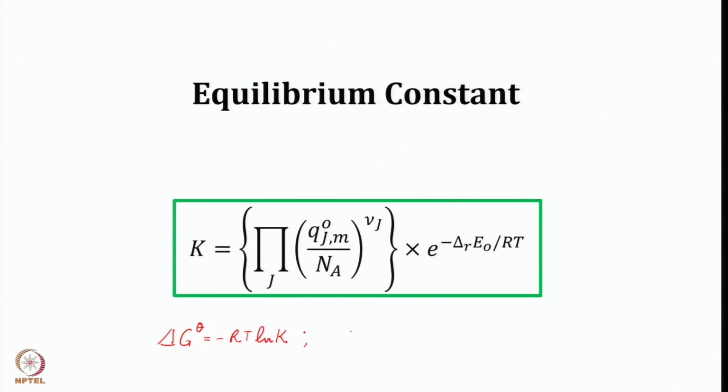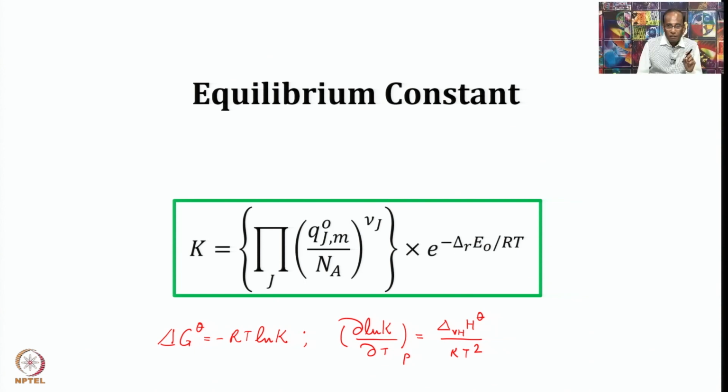Another very important thermodynamic relation, d ln K by dT at constant pressure is equal to ΔH naught by RT squared. We realize the significance of the equilibrium constant here.